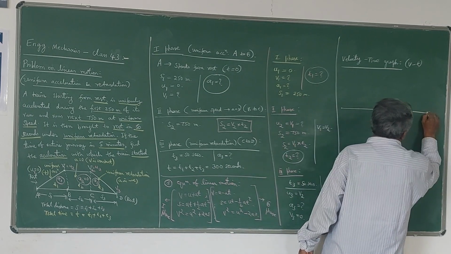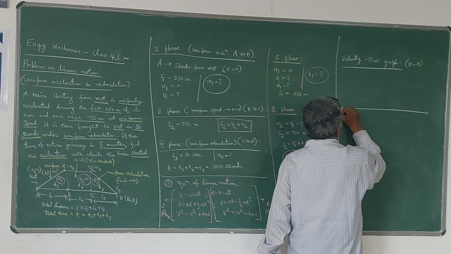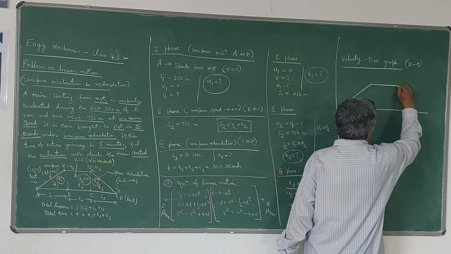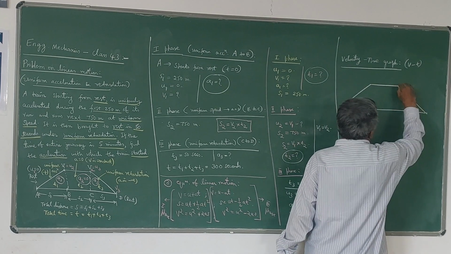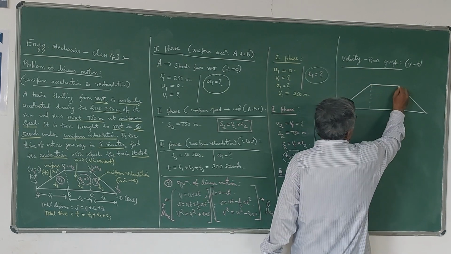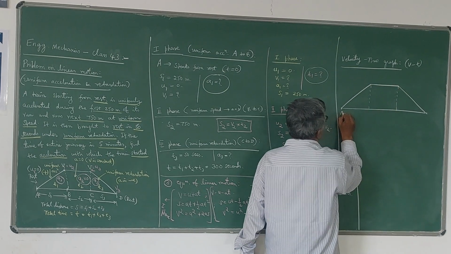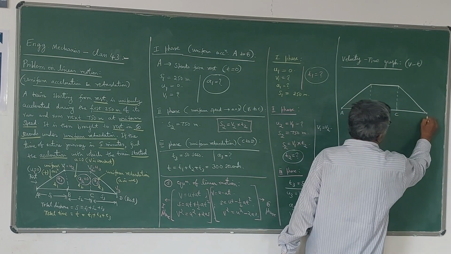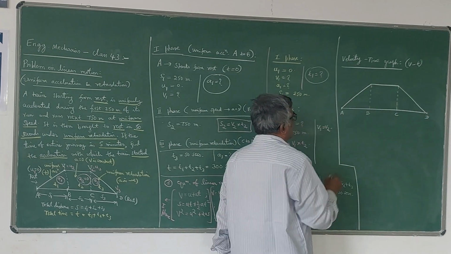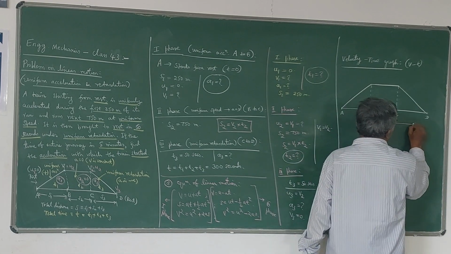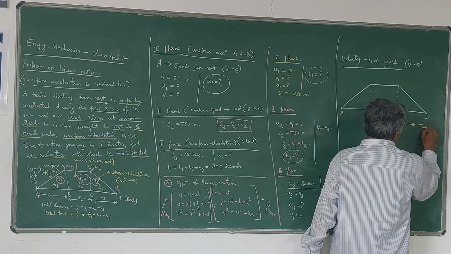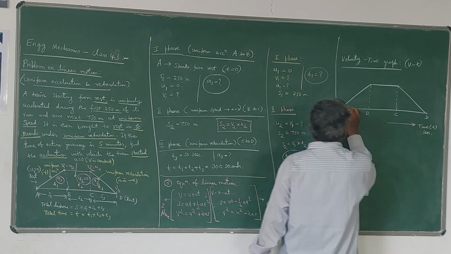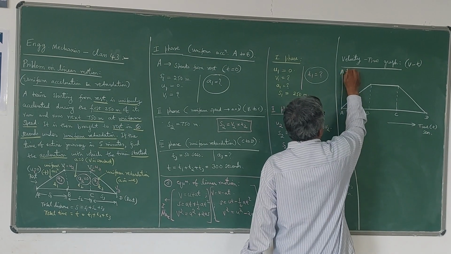Initially the body will start from rest and as the velocity increases, then it remains constant, then it decreases. So there are three phases here as I already told. So A to B is acceleration, B to C is acceleration 0 or constant velocity, C to D is retardation. Now what I will do here is on x-axis I will take time t in seconds, whereas on y-axis I will take velocity.